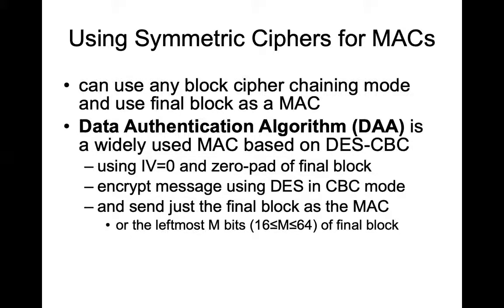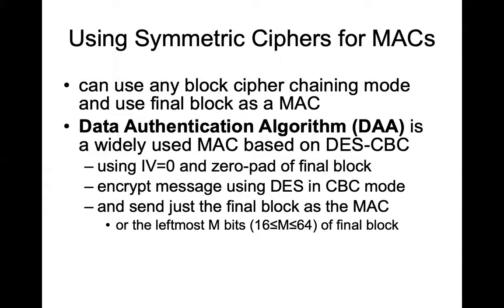And as I said, one of the ways of doing this is that you use the symmetric cipher, AES or DES or whatever, in CBC mode or cipher block chaining mode, and you just use the final block as the MAC. So the data authentication algorithm is actually a published standard for using MAC, and it applies DES in CBC mode.